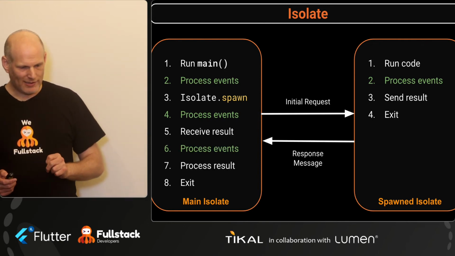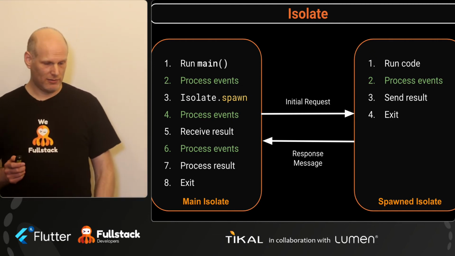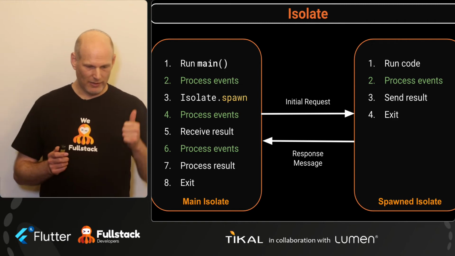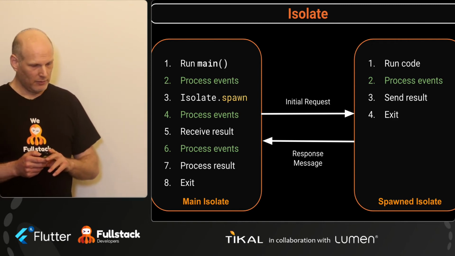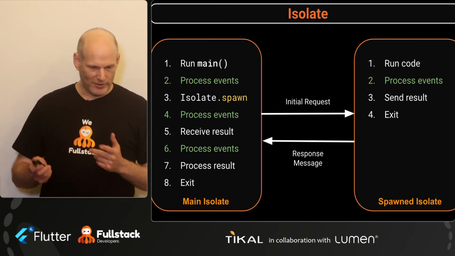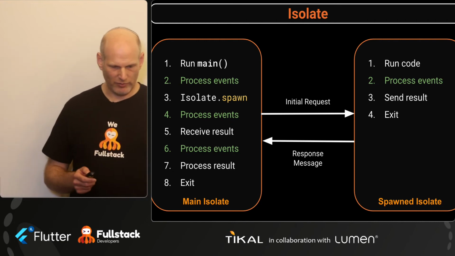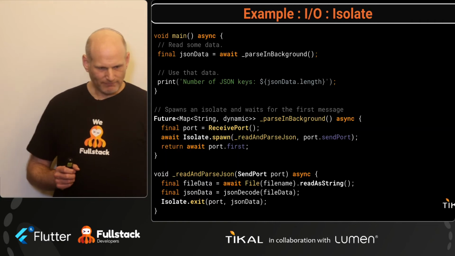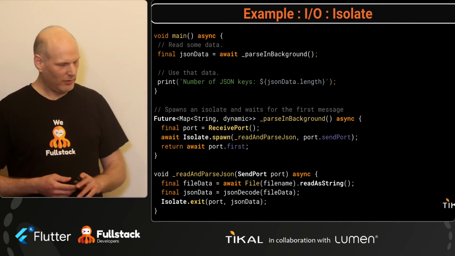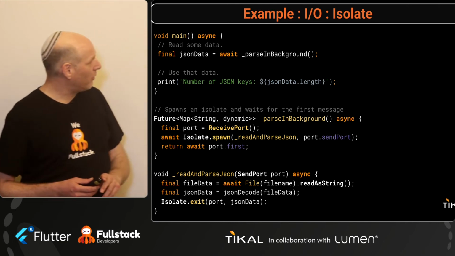A spawned isolate can send a result message even when it exits, and the exit function is a future, and we can process that result in the main isolate and carry on with our events, and the isolate can die happily.